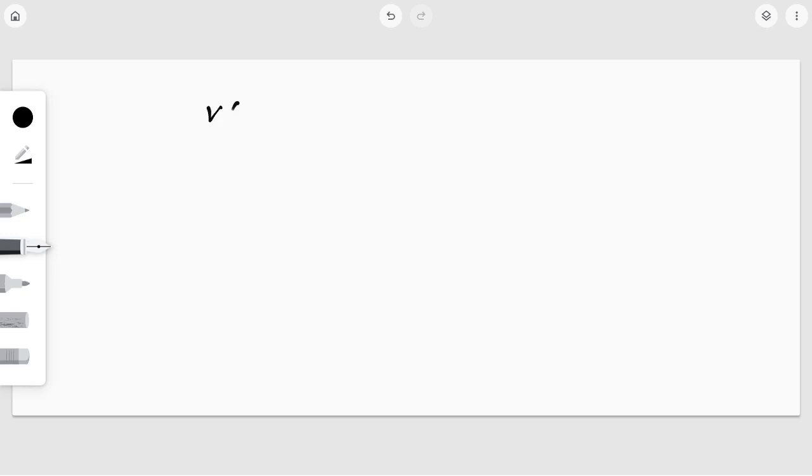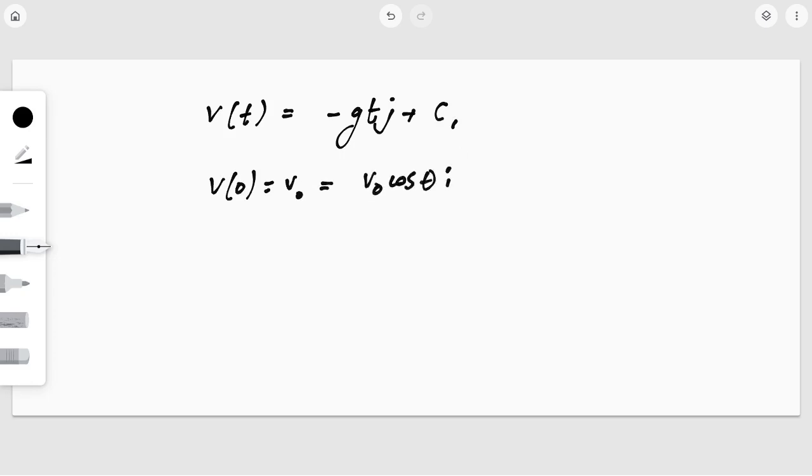We have v(t) = -g t j + c1, and we are given v(0) = v0 cos theta i + v0 sin theta j. Substituting t = 0, we get v(0) = c1.